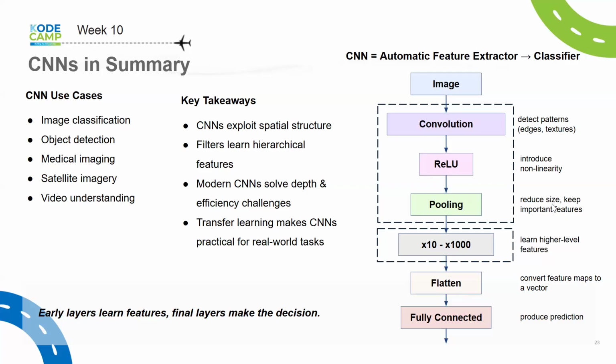The pooling reduces the size of the feature map while keeping the important features, so you don't lose them. By the time you do this 10 times, 100 times, or even 1,000 times, you end up with a layer that has maybe a 2 by 2 or a 1 by 1 feature map. Then you flatten it.